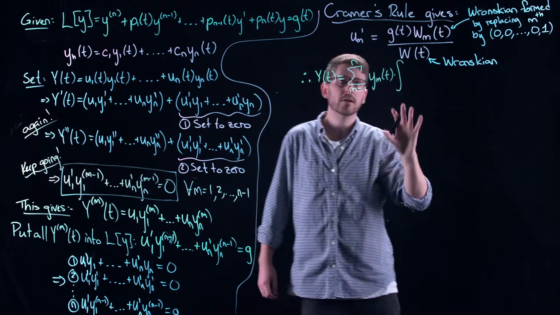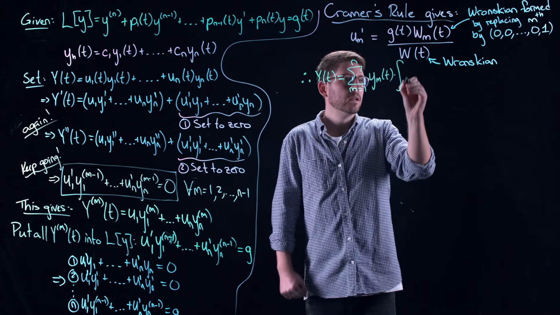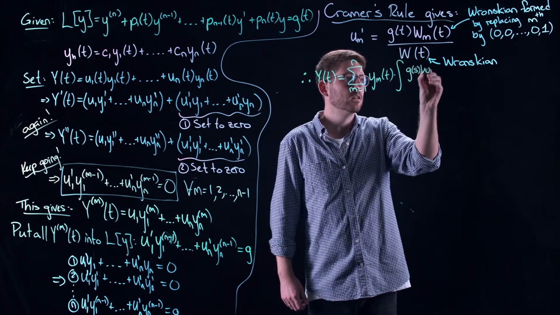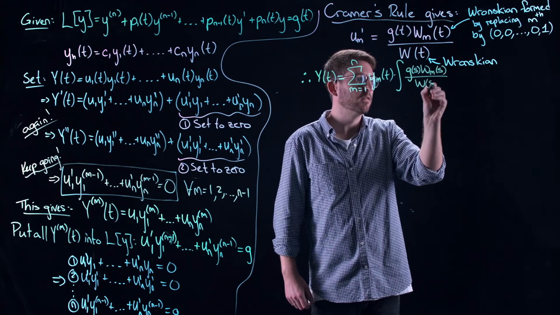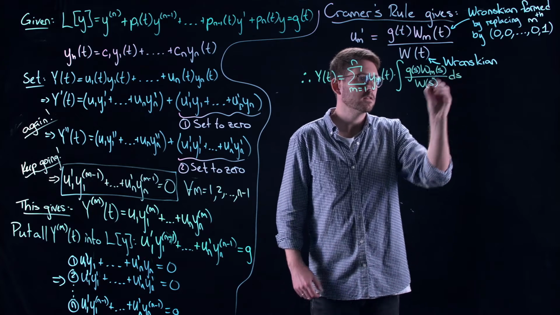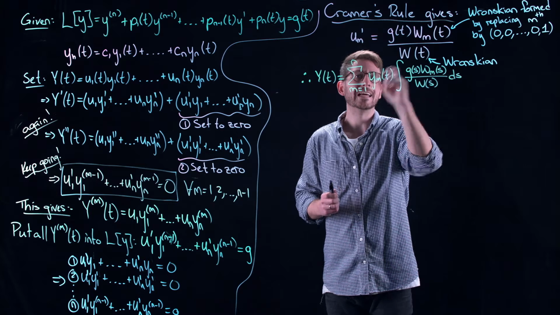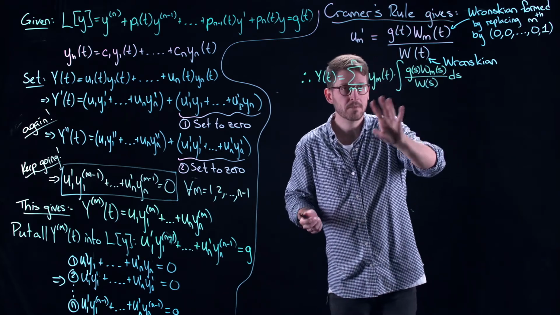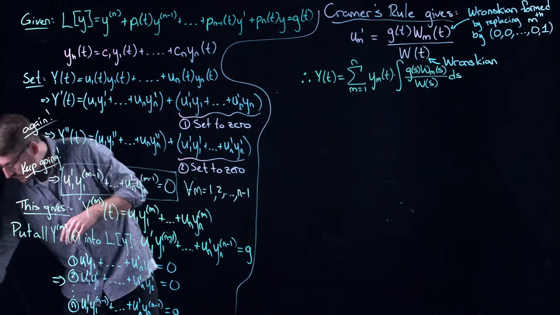I'm going to use an indefinite integral to say antiderivative. That's all that we're using here. And then it's the antiderivative of g of s wm of s divided by w of s ds. I'm just using s here as the integration variable to really highlight what's inside of this. But really this just means antiderivative. So I don't want to get too hung up on the notation here, but I do want you to see what's going on.